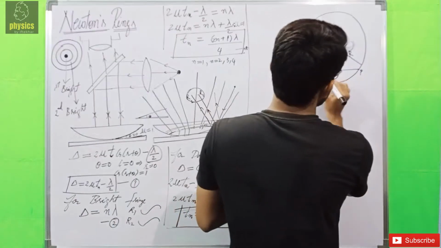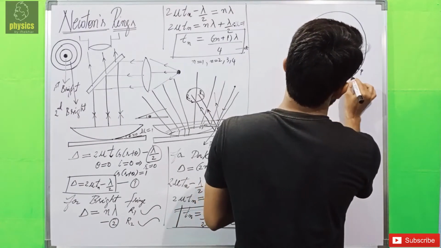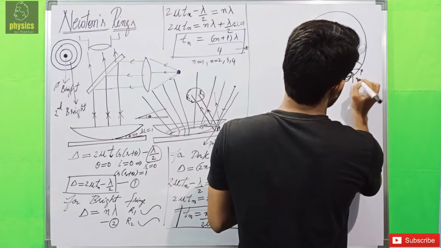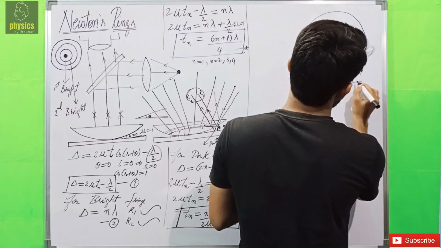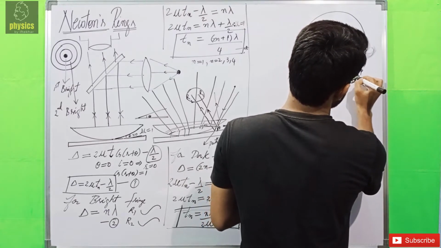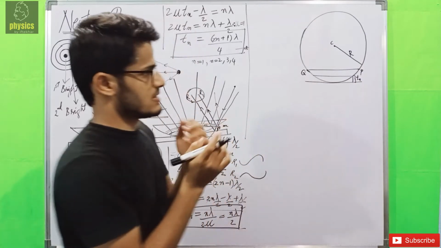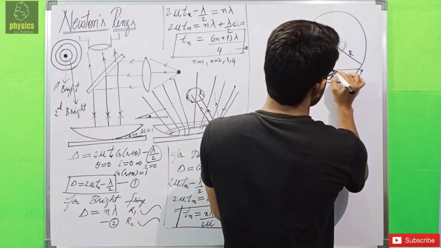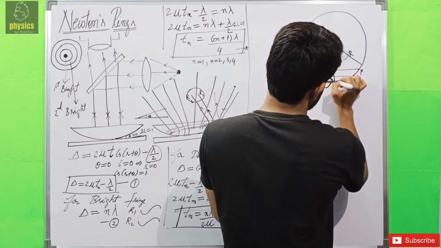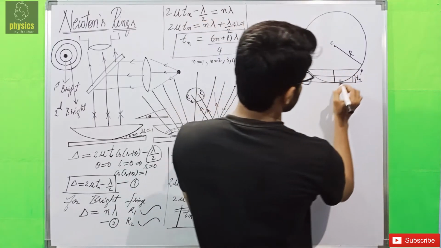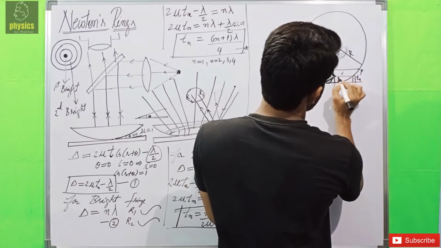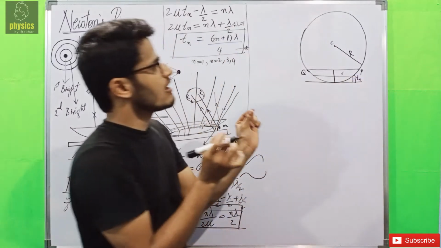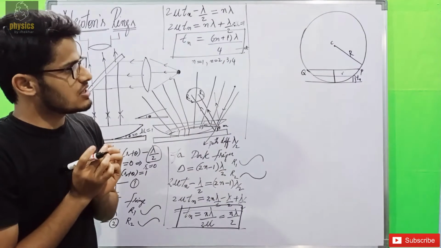That nth fringe is here having some thickness t sub n. So this small r is the radius of my fringe which I have considered.